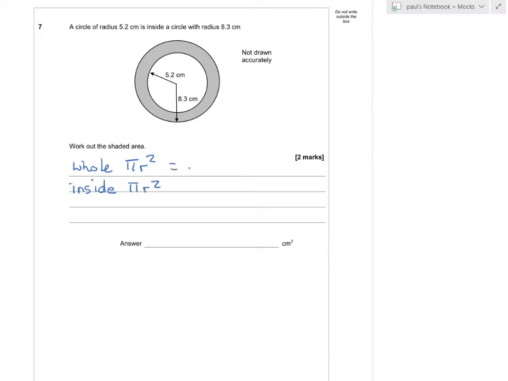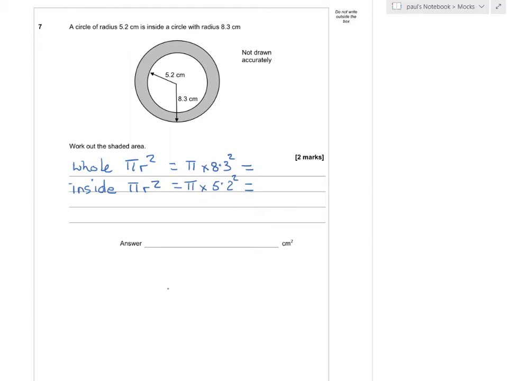So that will equal pi times 8.3 squared, and this one will be pi times 5.2 squared. Now, if I get the answer to the whole thing and the answer to the inside bit, I take one away from the other and I'll just be left with that ring around the outside.